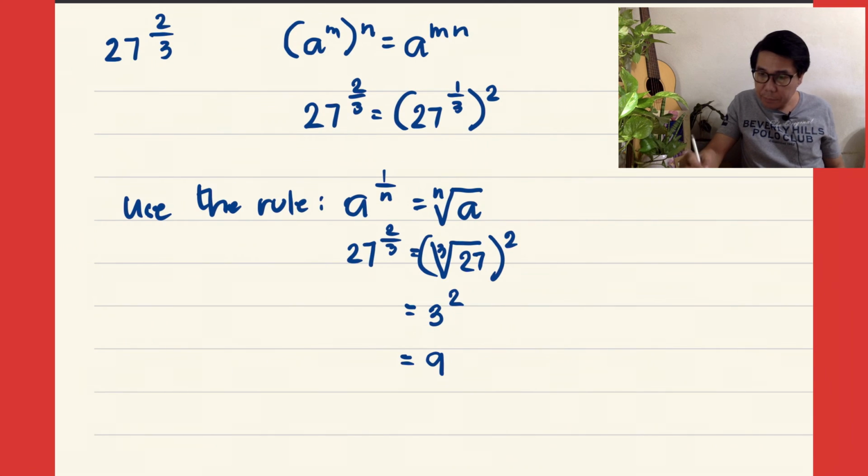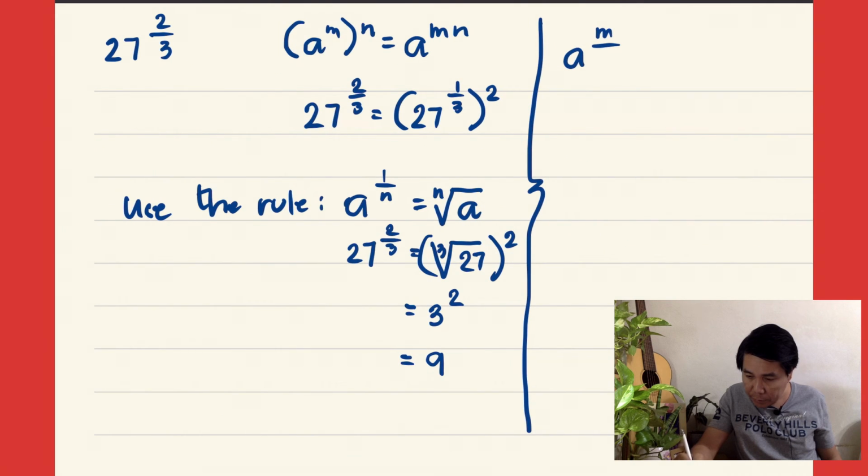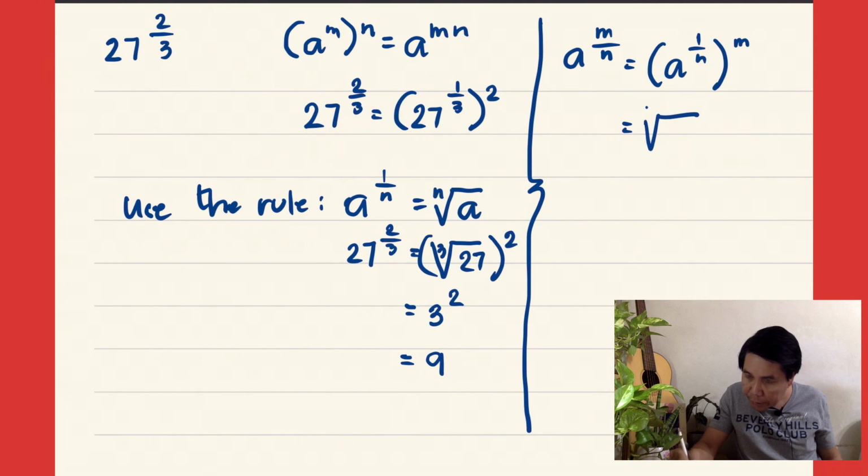Then we have a raised to the power of m over n is equal to a raised to the power of 1 over n, okay, raised to the power of m, is equal to the nth root of a, okay, then raised to m.